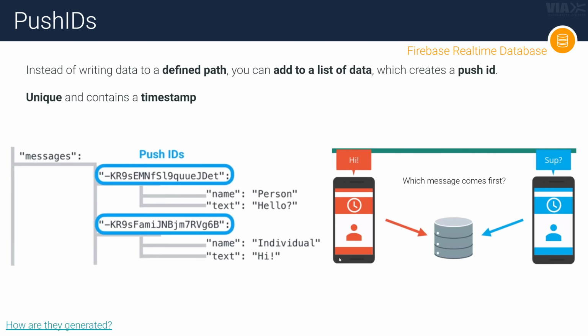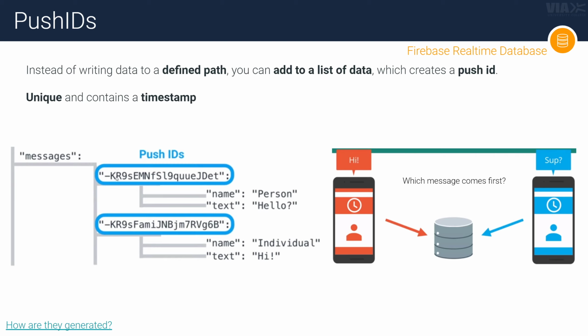This can be very smart if you're creating a chat application, an interactive application where multiple users are sending messages at the same time and you want to make sure they're ordered correctly, so the first messages sent come first and the new messages come afterwards. It can be very tricky to figure out which one comes first if multiple users are sending messages at the same time. That's what this push ID is solving.